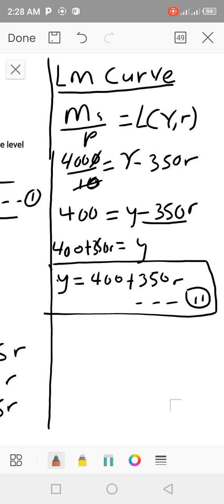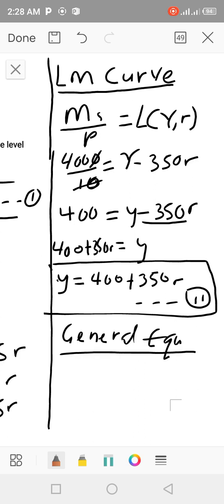The next thing we're going to do is to set up the general equilibrium, which is equation 1 equals equation 2.